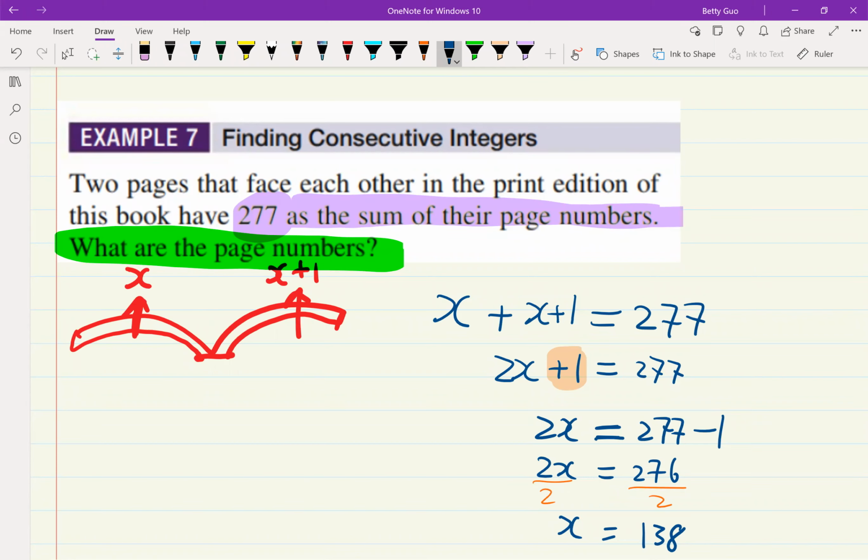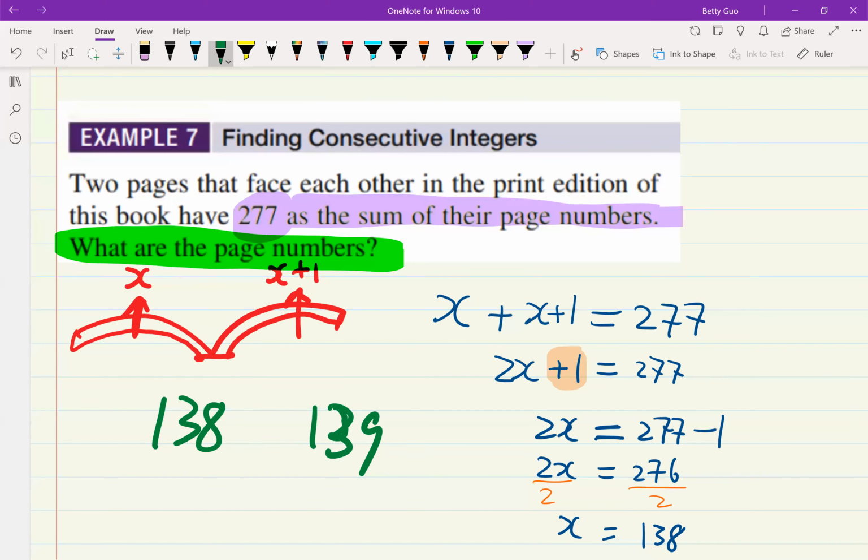Divide 276 by 2, you have 138, right? So you can answer the question. The 2 pages we are looking for are page 138 and 139, right? You can look at your book, find 138 and 139.